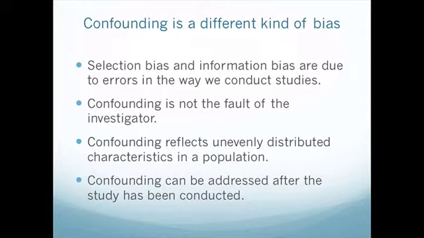So there are strategies we can take to address confounding after the study has been conducted, with the caveat that we need to have measured our third factors, right? Because you can't deal with the fact that SES is correlated and clustered with all these other things unless we know something about the individual's SES. So that's the caveat, that it can be addressed if we have measured our third factors.